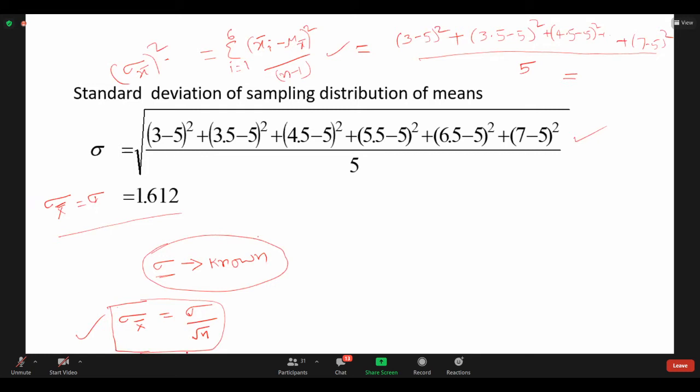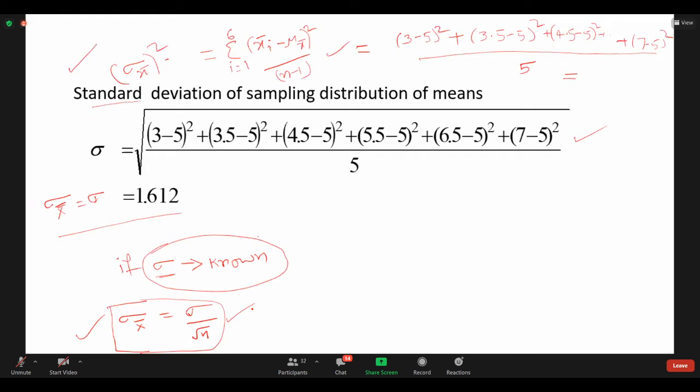Yes, Anil. Yesterday we discussed that there is a difference. Here we don't know the population standard deviation. That's why we are using it like this. We're finding the standard deviation of the sampling distribution. If you know sigma, you can directly use this one.